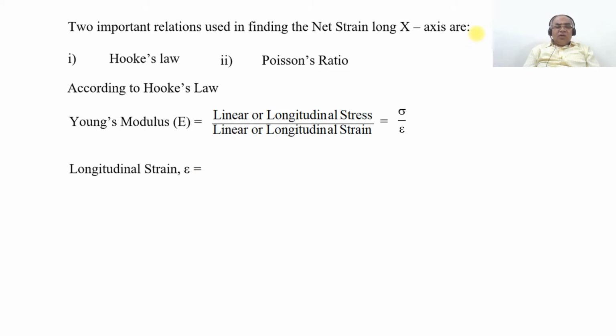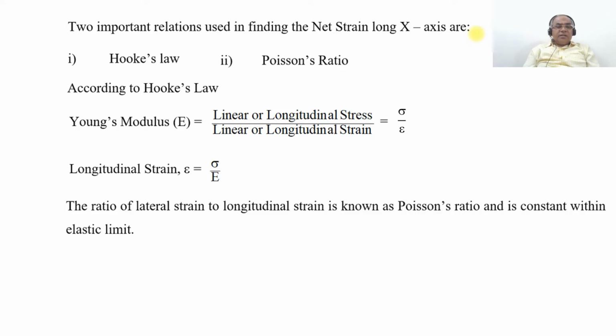Therefore, the longitudinal strain epsilon will be equal to sigma by E. The ratio of lateral strain to longitudinal strain comes with the Poisson's ratio. So one is Hooke's law: sigma by E is epsilon.